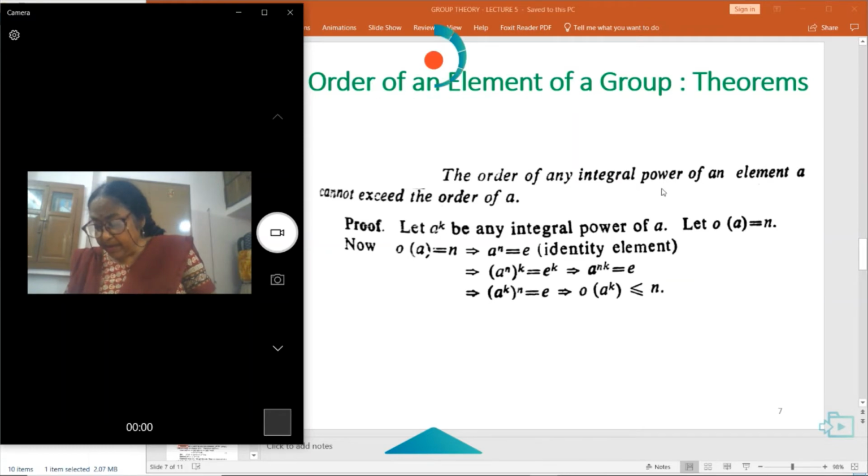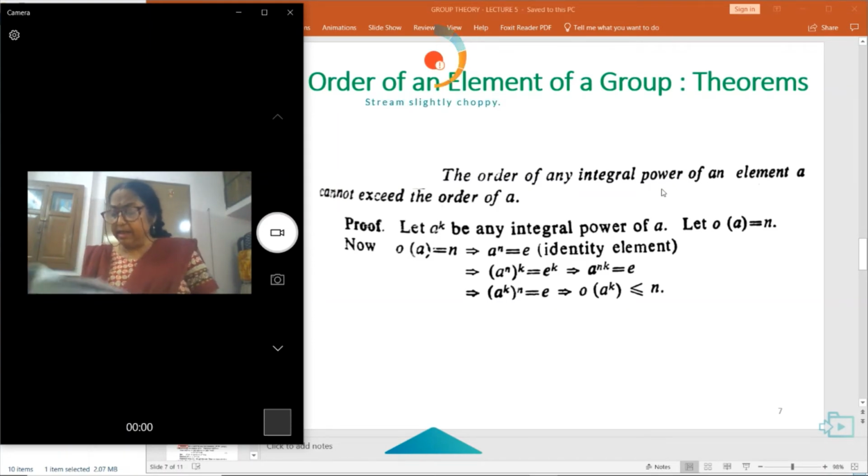So A to the power n is equal to E. So (A^n) whole to the power k is equal to E^k, and A^(nk) is equal to E. So (A^k) whole to the power n is equal to E. So the order of A^k is less than or equal to n.